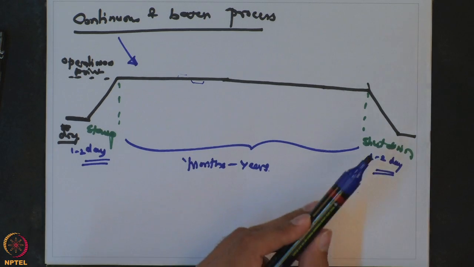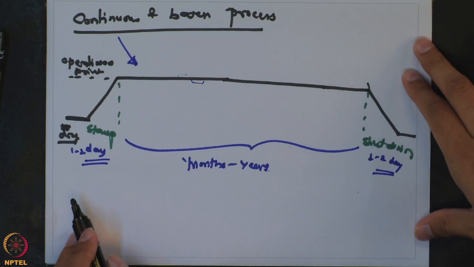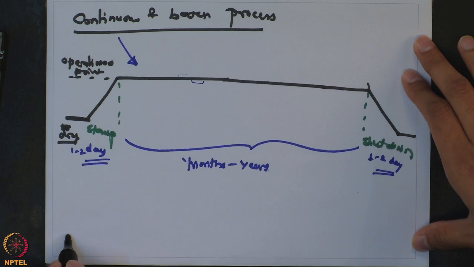When it comes to a batch process, however, what you have is a dry point, and then you have a startup, operation, again shutdown, and you come back.